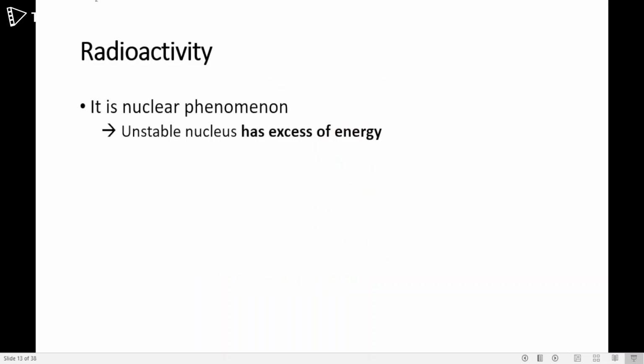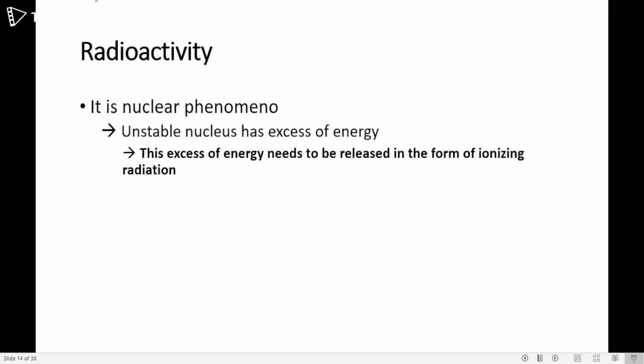So radioactivity is a nuclear phenomenon. An unstable nucleus has an excess of energy. If there is a combination inside the nucleus where the ratio of neutrons to protons does not keep that atom stable, therefore there will be an excess of energy there.